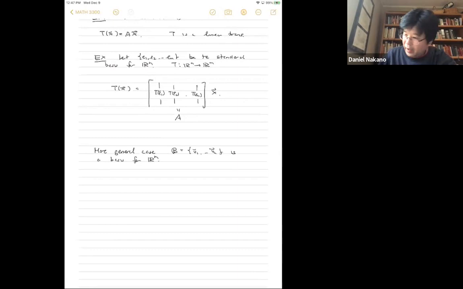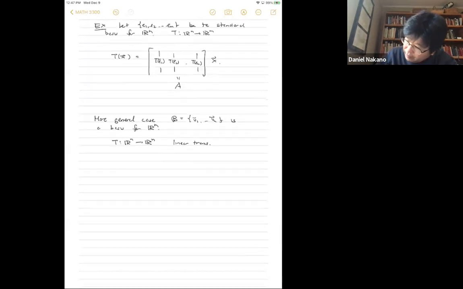Okay. And T is a linear transformation now from Rn to Rn. So I can actually represent T relative to this basis.